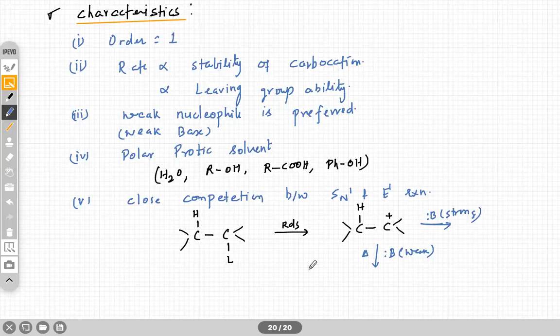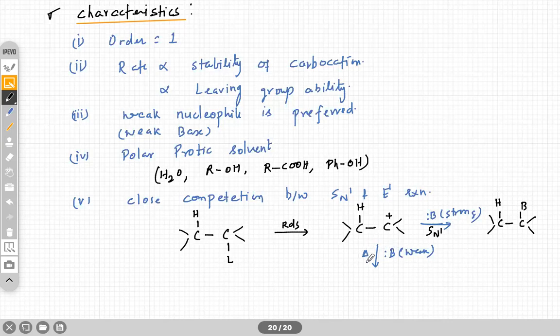If this is the case, this would be a nucleophile, and the reaction goes under SN1 reaction, and the product is C-C-B-NH. This is a substitution reaction.